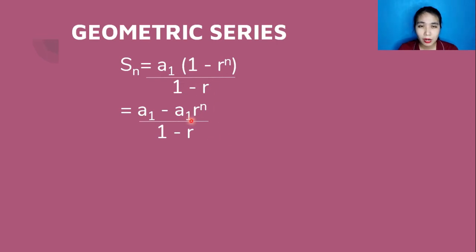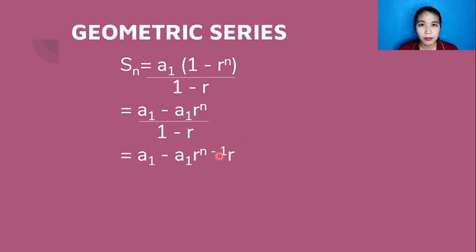And then our r raised to n can be expanded as r raised to n minus 1 times r. So if we're going to rewrite this, a sub 1 minus our a sub 1, and then we have here an expanded form of r raised to n, which is r raised to n minus 1 times r. Remember, our r here has an exponent of 1.